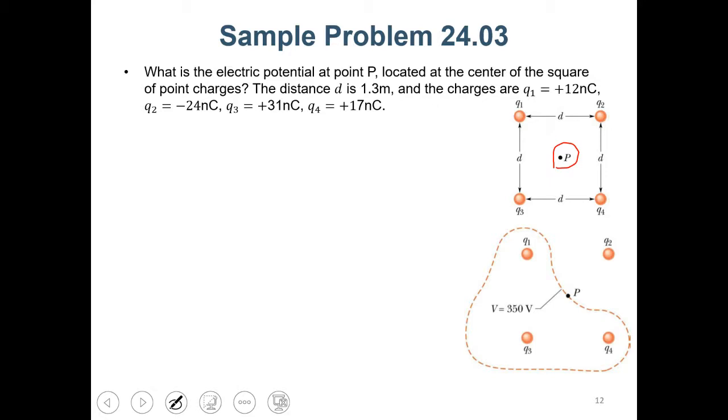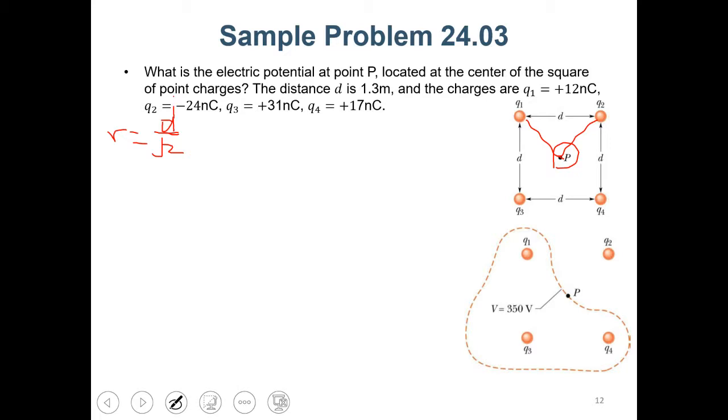So, R would be d over square root of 2. Actually, it is 45 degrees, so this is d over square root of 2.